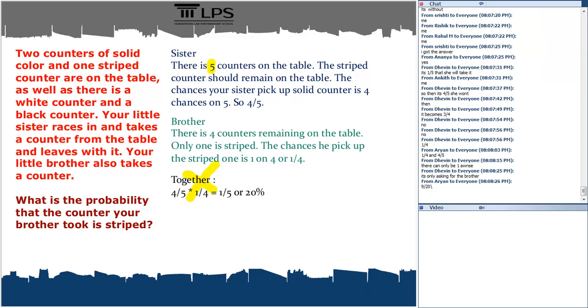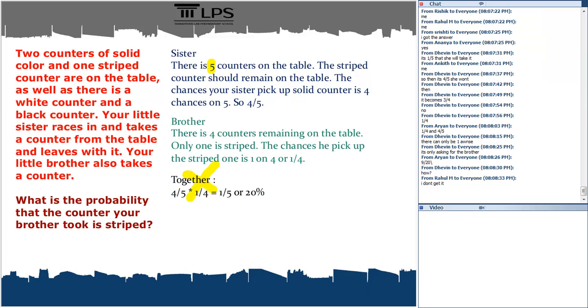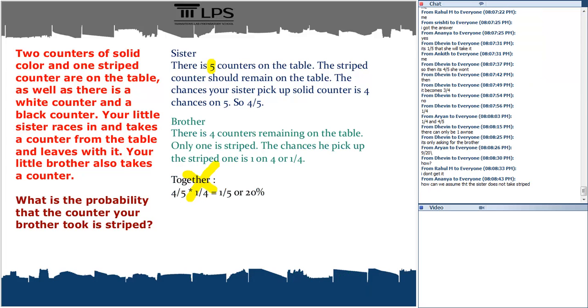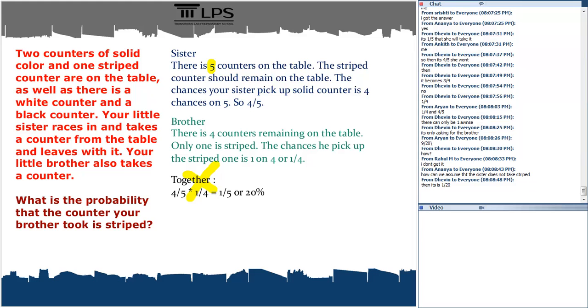Yes, it's only asking for the brother. You are right, Devin, but there is a sister's information given before. So you need to incorporate both the information given in the question. Yes, Ananya, good question.